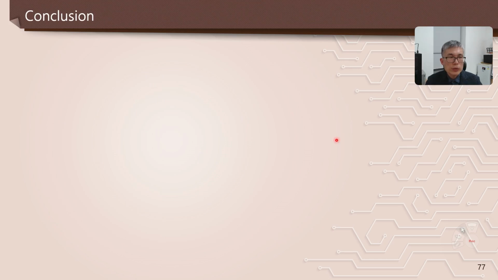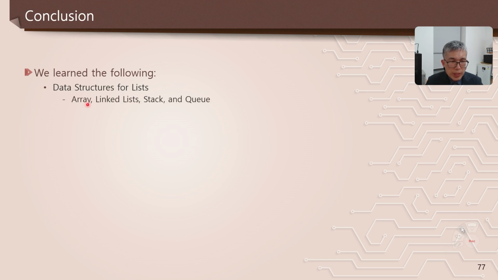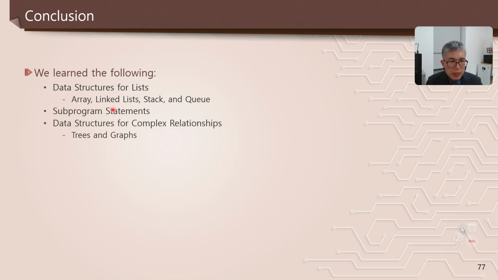So, conclusion. We learned the following data structures for lists, such as array, linked list, stack, and queue. And then we saw program statements. Remember call by value and call by reference, and parameter and argument. Also data structures for complex relationships such as trees and graphs.